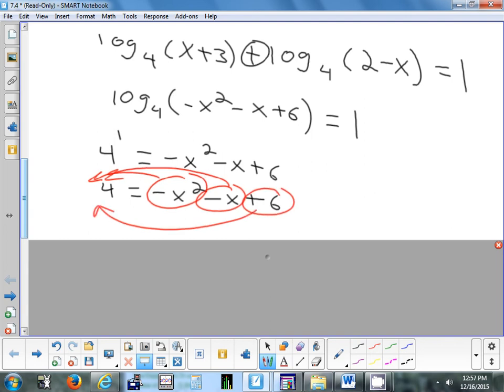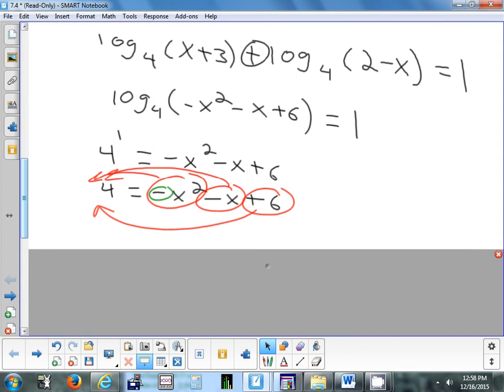You might say, well, why don't you just subtract the 4? It's a lot easier to just move that one thing than move all 3. Well, the problem is I don't like that. Whenever we're going to factor, we don't want a negative in front of x squared. That makes it a lot harder. So the way I'm going to avoid that, I'm just going to shift everything to the other side.